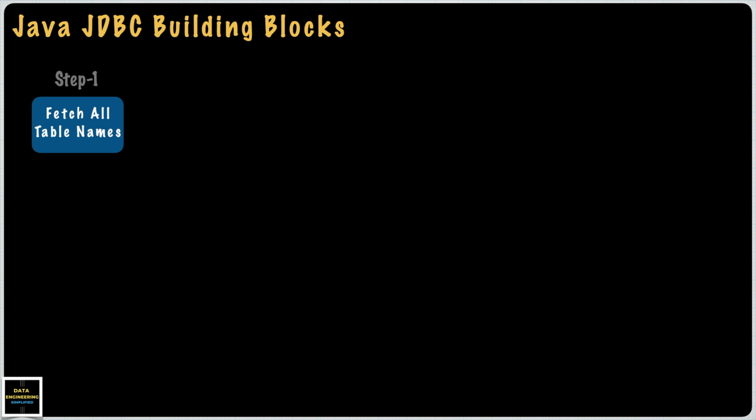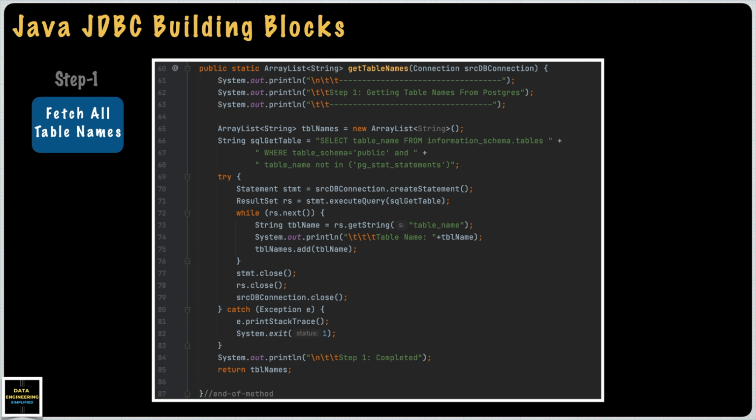Moving to step 1, let's see how this method looks. Step 1 will fetch all the table names from the Postgres database. It just needs a database connection. So you can see line number 60 is getting a database connection, and then line number 66 is primarily preparing a query on the information schema tables table.